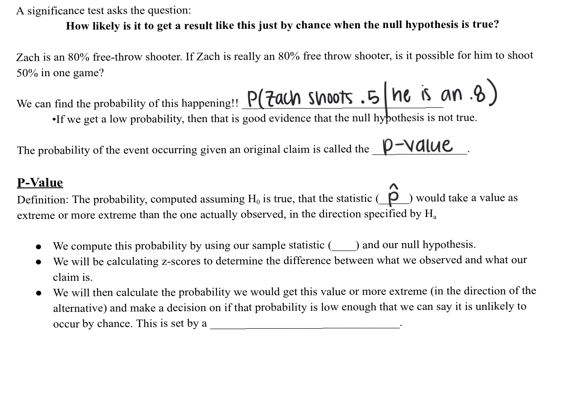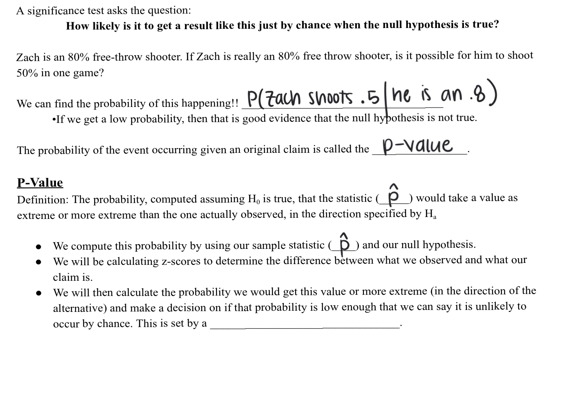So it's a value as extreme, more extreme, not the same as, depends on what your alternative hypothesis is. So to calculate our p-value, we use our sample statistic, p hat, and our null hypothesis. And we're going to be calculating z-scores to determine the difference between what we observed and what our claim is. And then we'll calculate the probability that we would get this value or something more extreme in the direction of the alternative and make a decision on if that probability is low enough that we can say it is unlikely to occur by chance.